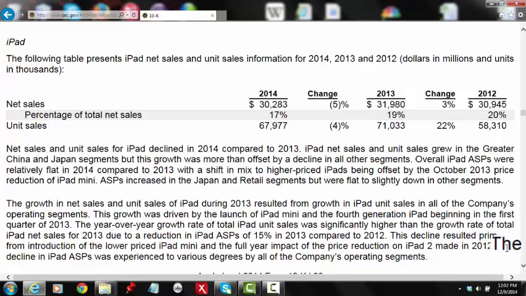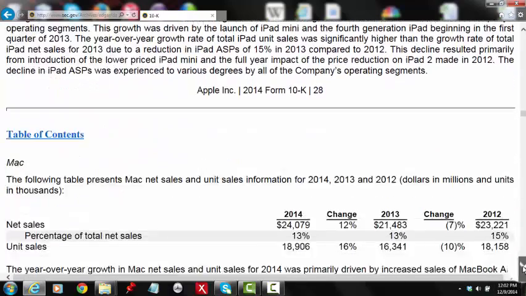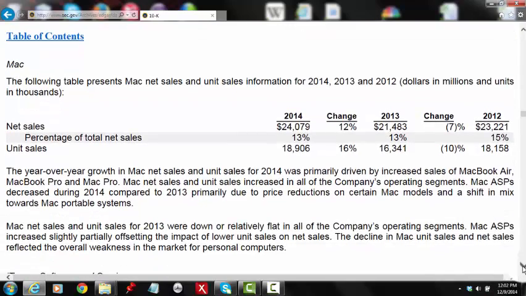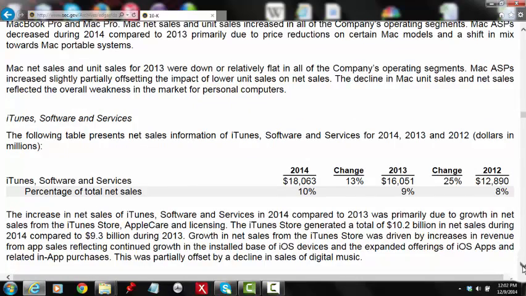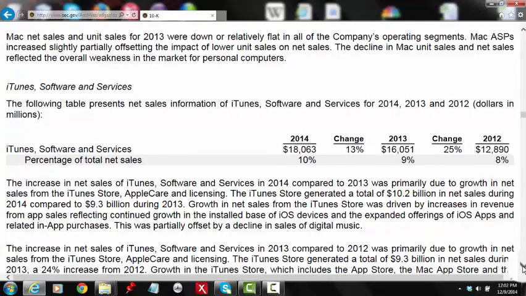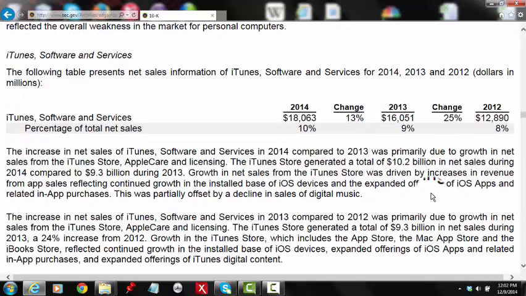So there is a price reduction because of which the iPad product is being impacted. Then we saw the iTunes software. The increase in iTunes software was primarily due to growth in unit sales and other things there.